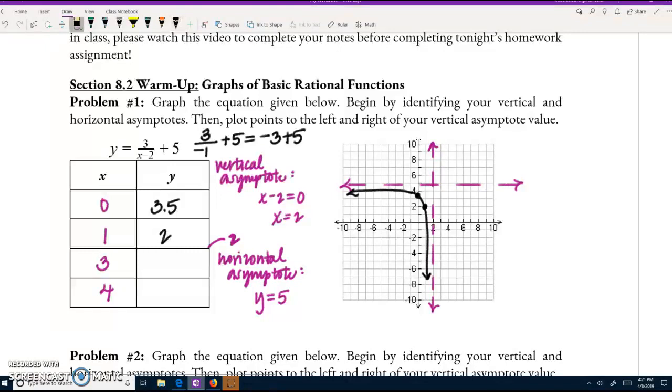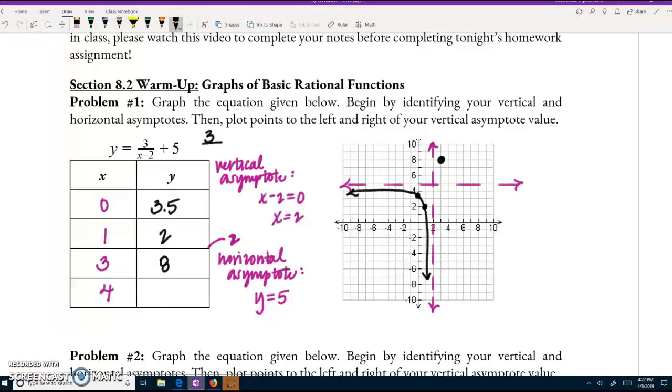Then I want to plug in the 3 and the 4 as well. So if I plug in 3 minus 2 here will give me a 1 plus 5. So I'll end up with 3 plus 5, which is 8. So I have the point 3, 8. So over 3, up 8 is a point right here. And then one more x value to plug in, which is 4.